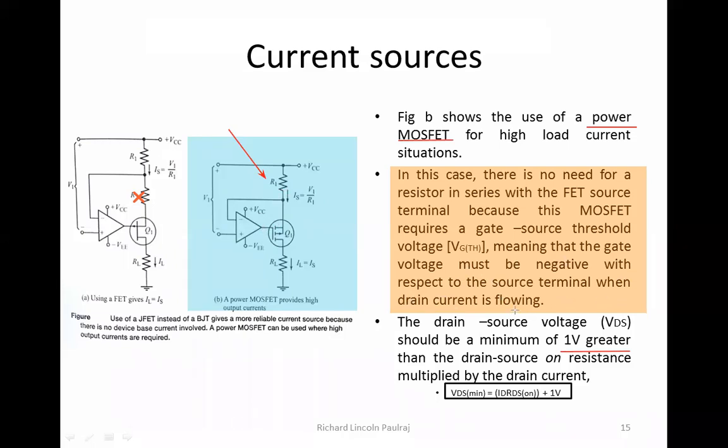Now there is an interesting concept in MOSFET. This drain current flows whenever the device turns on and then it reaches its saturation. Now let me draw a graph and show you how this works.